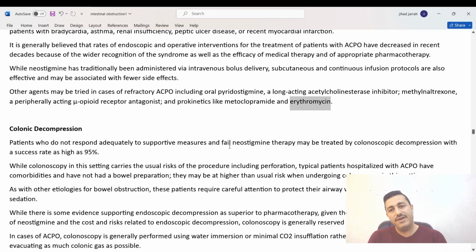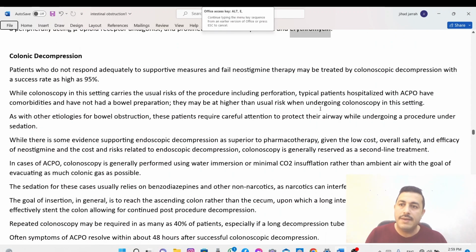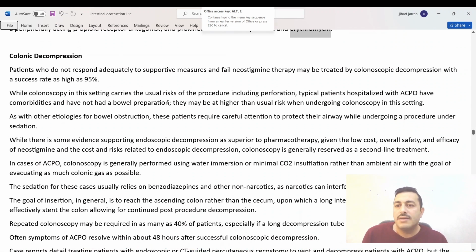If medical therapy failed, if pharmacological therapy failed, we go to colonic decompression. Actually, colonic decompression is colonoscopy to decompress the extremely dilated bowel. It's a second line after the failure of neostigmine, after the failure of medical treatment. We can proceed to colonoscopy with a high success rate, about 95%.